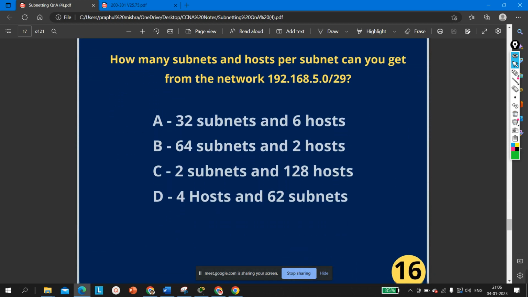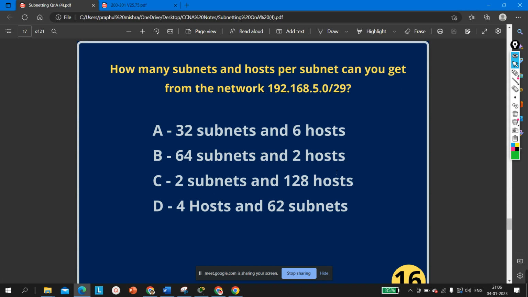Check this question, guys. This one is also a very interesting question. How many subnets and hosts per subnet can you get from the network 192.168.5.0/29?